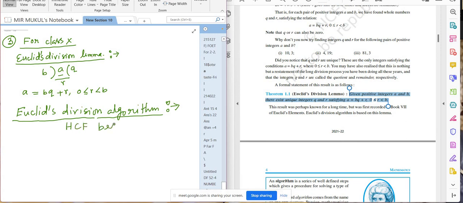between two numbers, suppose A and B. So how will you do it?